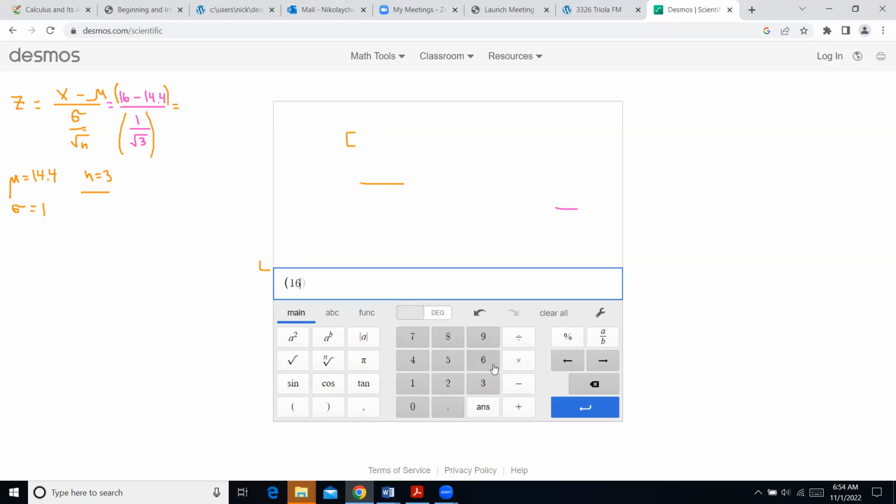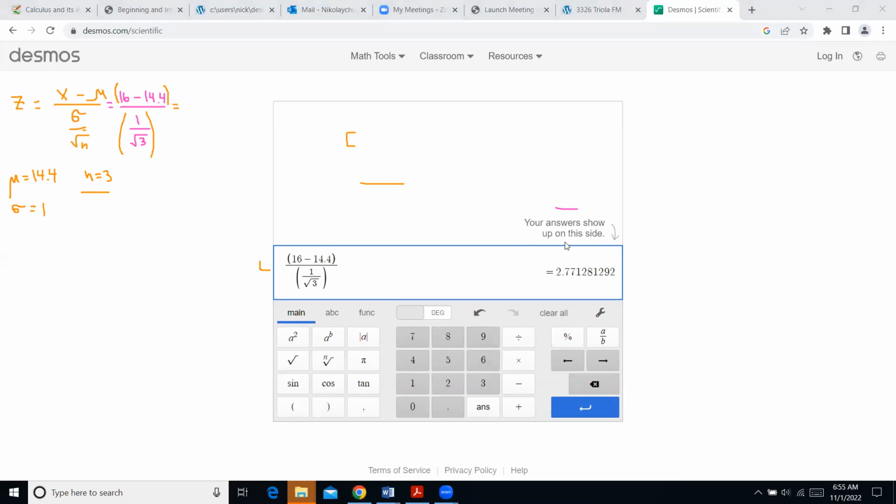So 16 minus 14.4 in the parentheses will be divided by, in the parentheses, 1 over square root of 3. So this is it. That's my z, which is 0.277 and so forth. So looks like 0.77, right?